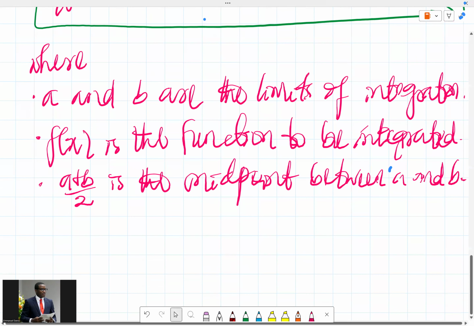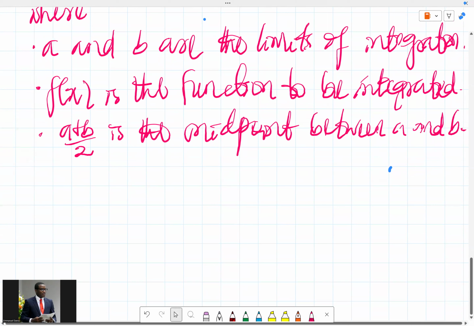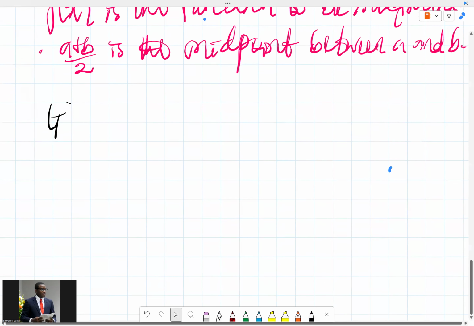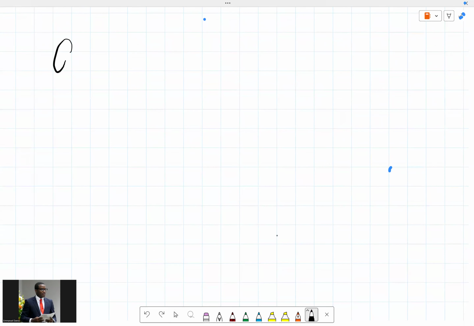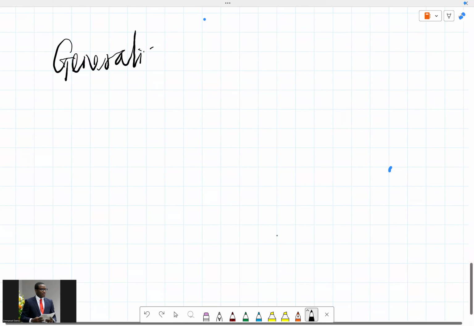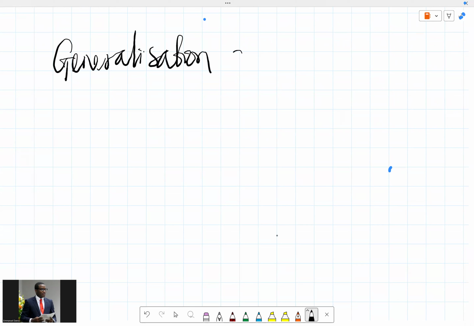Well, with that in place, we have to also talk about the generalization for even subintervals.